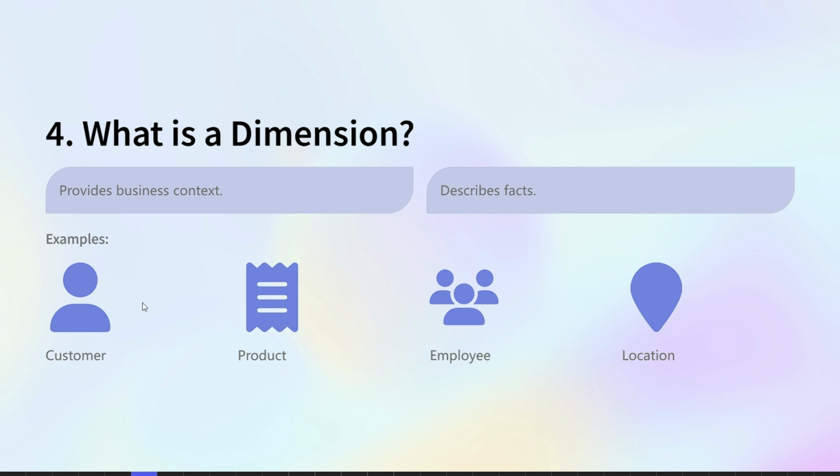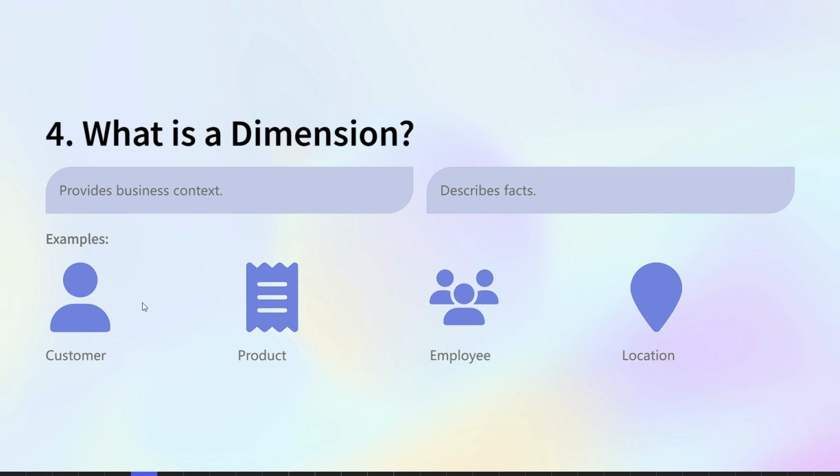Now let's go through what a dimension is. Before understanding SCD, we must clearly understand what a dimension is. A dimension table provides descriptive information about business data, for example customer, product, employee, location, and time. So these are the dimension data. I'm talking particularly about the customer dimension.